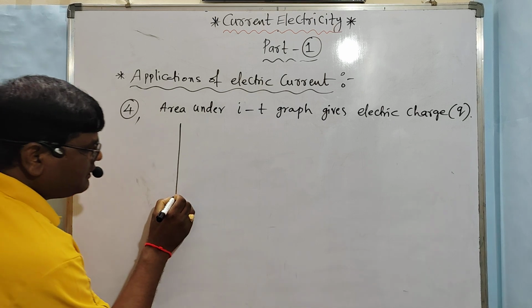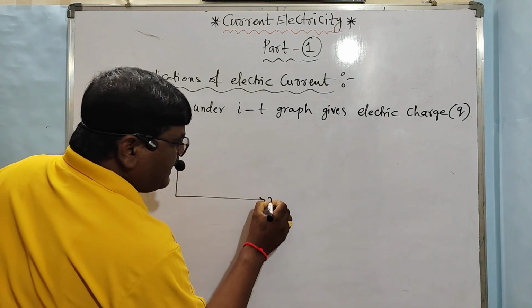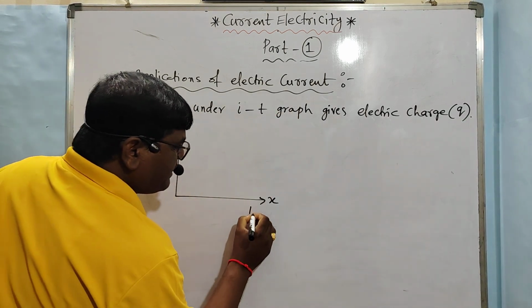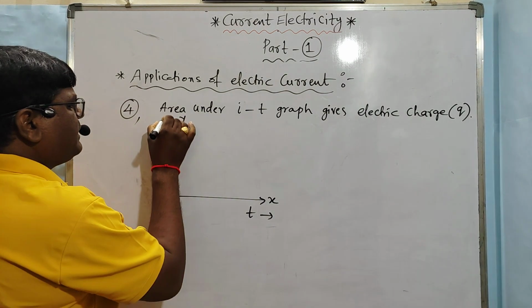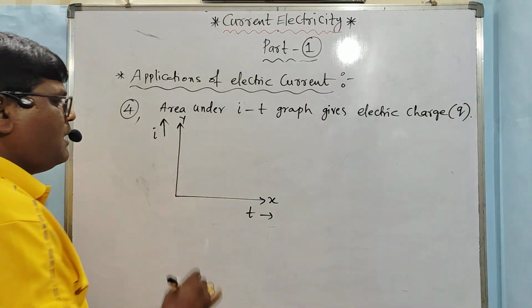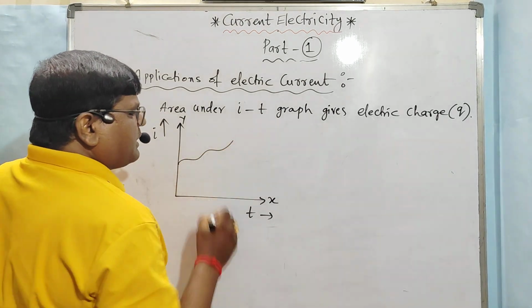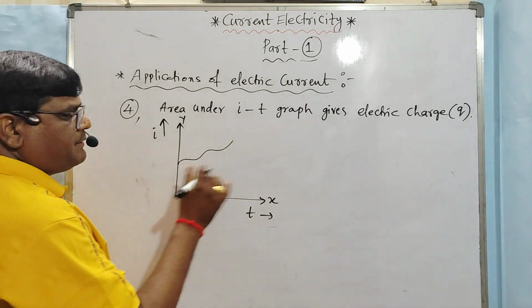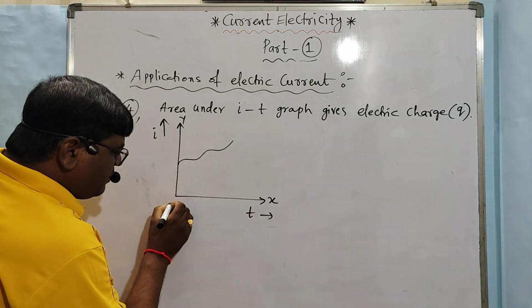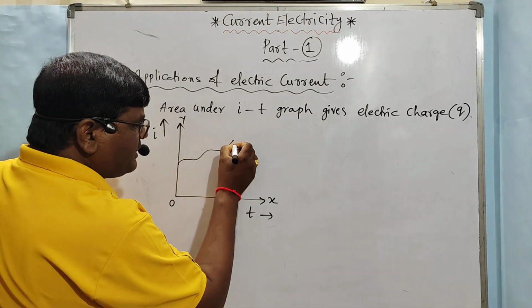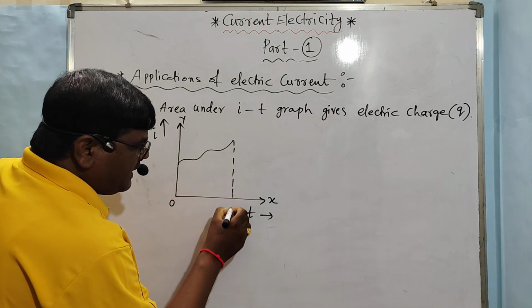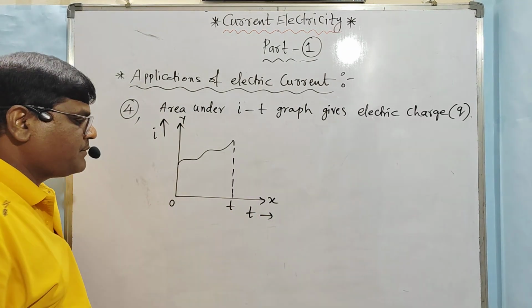For example, this is the x-axis, on which I am taking time, and on the y-axis I am taking current. One curve is given here, like this. This is time t equal to 0 seconds, and the curve goes up to t seconds.